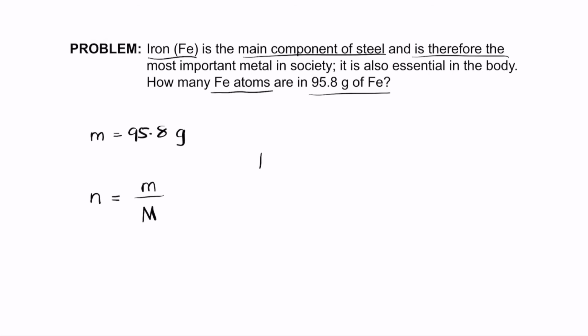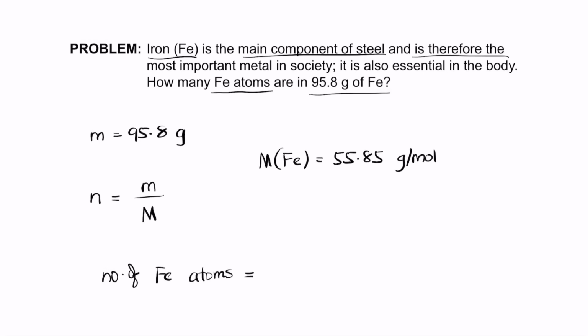The molar mass of iron is 55.85 gram per mole. Now once you calculate the number of moles, they are asking you for the number of iron atoms. So the number of iron atoms becomes the number of moles times the Avogadro number. So pause the video right here and try to solve this problem.